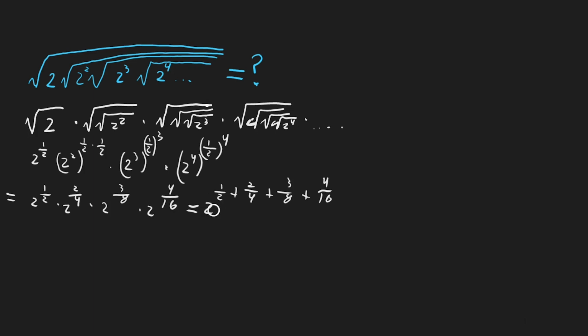If we forget the 2 for a moment and just look at the exponent, we will notice that this is actually a sequence, and we can calculate the sum of it. So if we look at this sum, 1/2 plus 2/4 plus 3/8 plus 4/16 plus, and just continue.